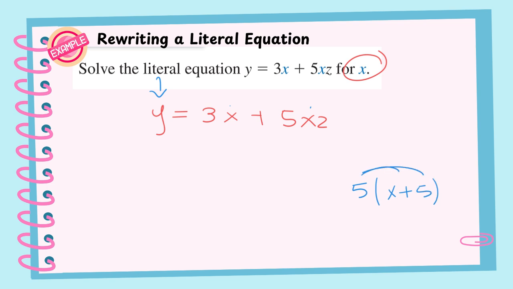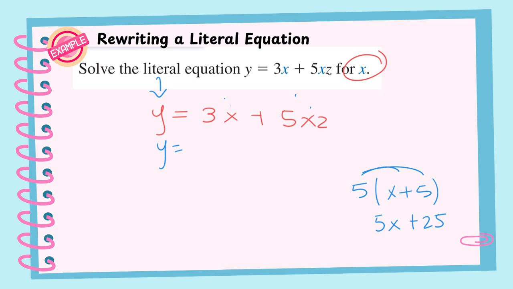We distribute, right? And we have 5x plus 25, correct? So we're going to use it in opposite form. Think of the distributive property. If I have y equals, what can I take out in this common and this common?